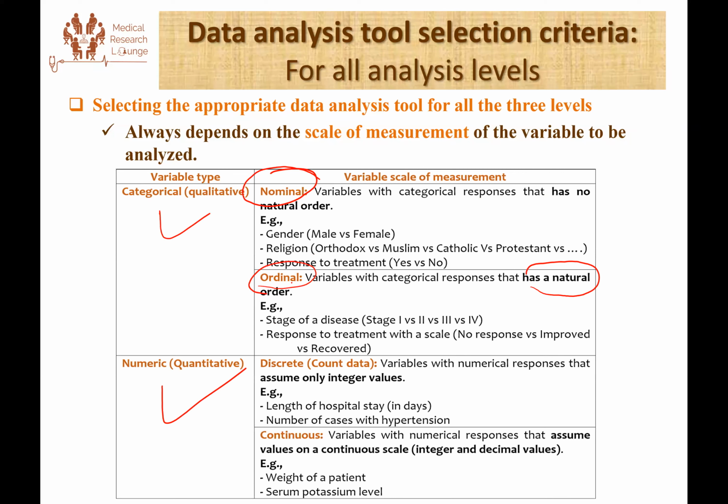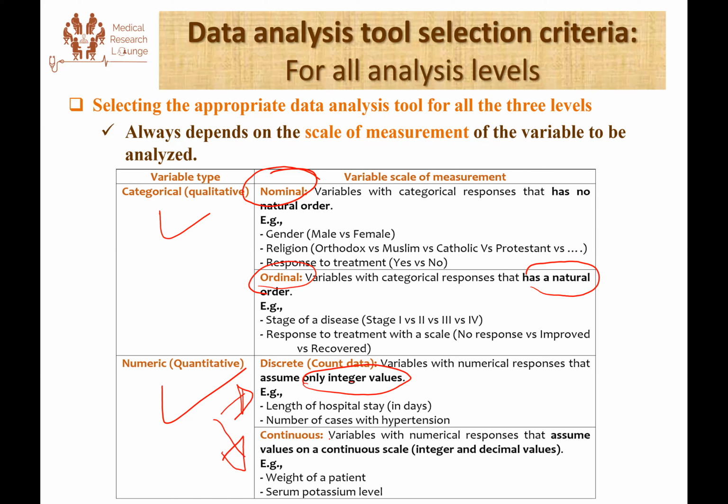And numeric variables are something that we quantify. We give numbers to them, like age, for example. Numeric variables are recorded either as discrete values, which assume only integer values, or on a continuous scale.